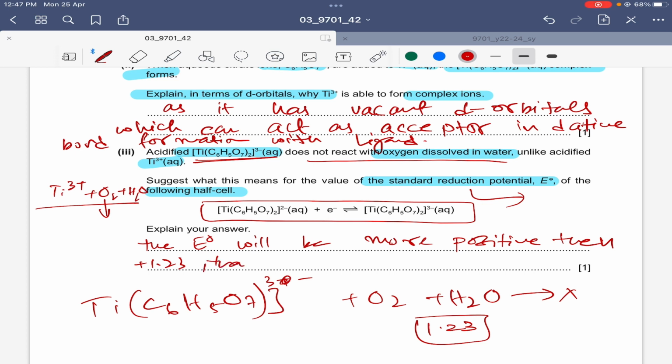That means oxygen cannot act as an oxidizing agent for this particular complex.